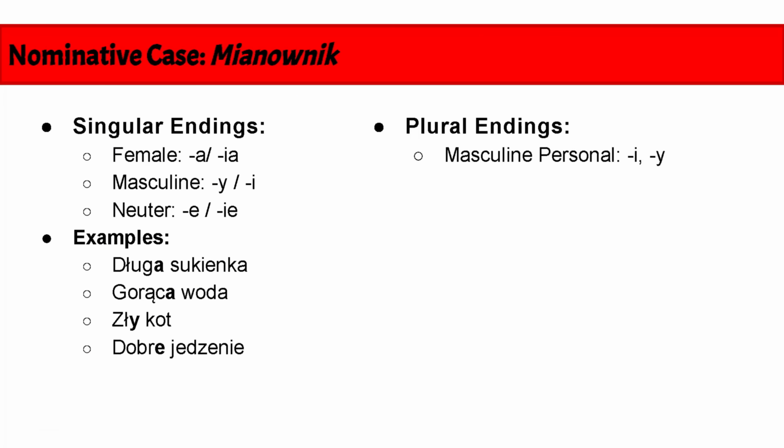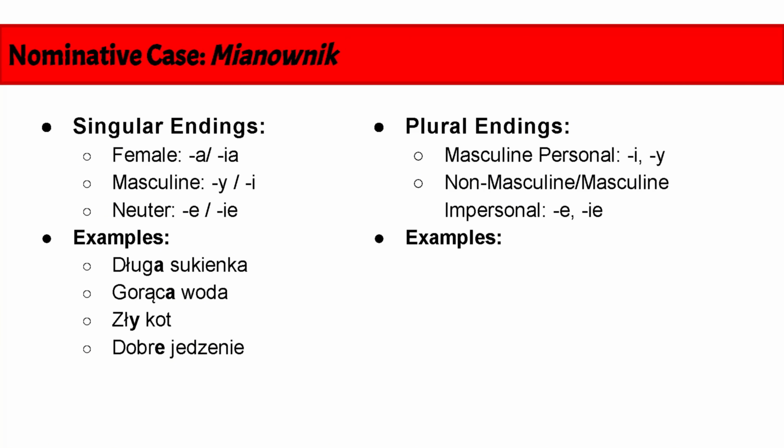For masculine plurals, the adjectives will end in i or y. For everything else, basically, non-masculine nouns and the masculine impersonal, we will have e or ie endings for the adjectives. Now let's use some examples. Dobrzy lekarze, good doctors.